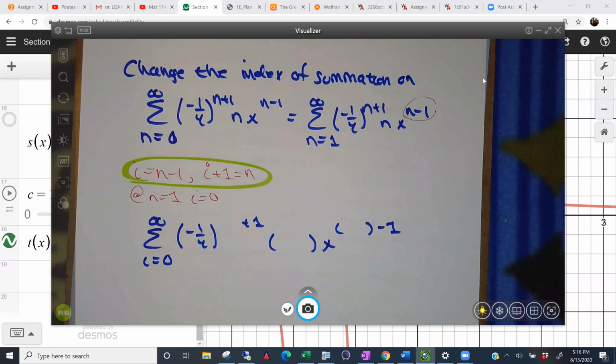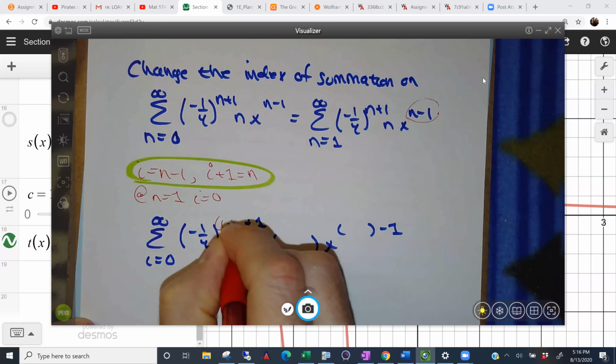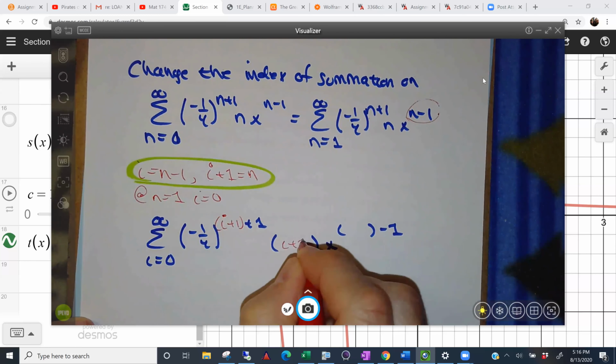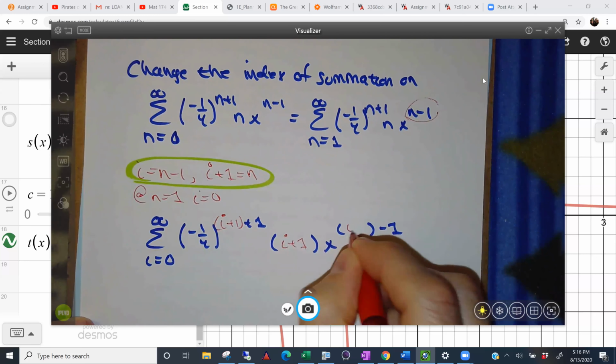Remember, everywhere that I have an n, I'm going to replace that with I plus 1. So how's that going to look? Well, it's going to be I plus 1, and then I plus 1, and I plus 1.